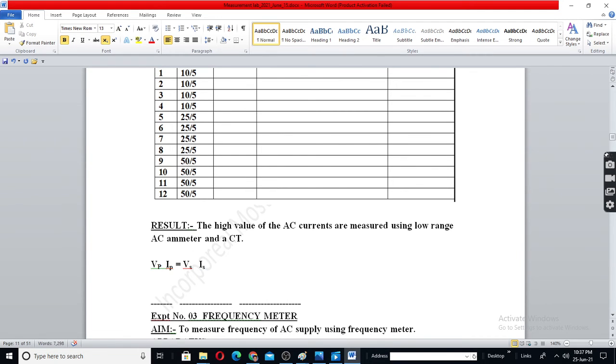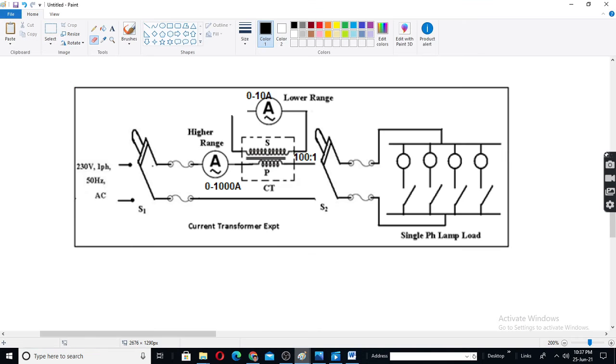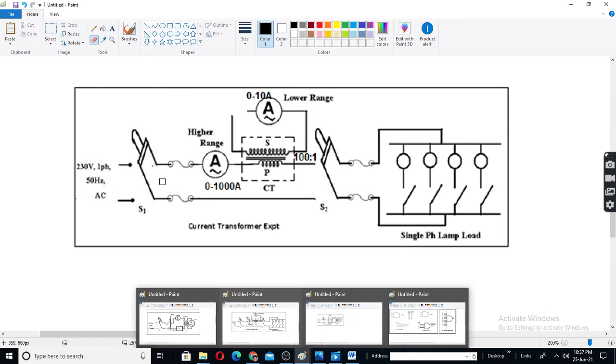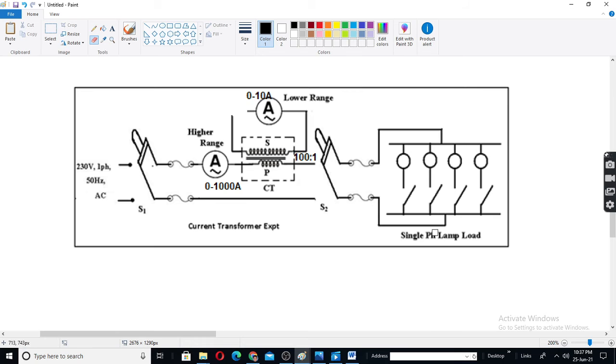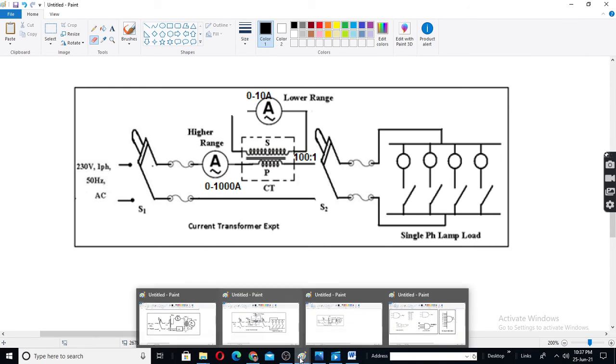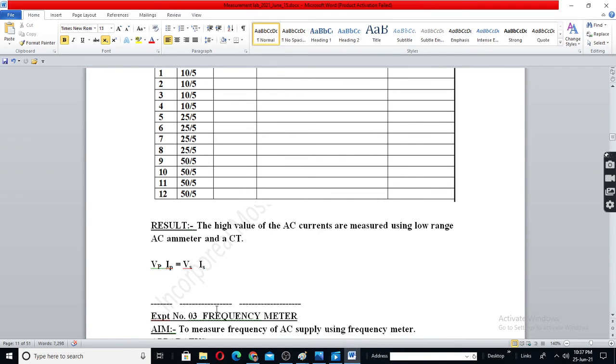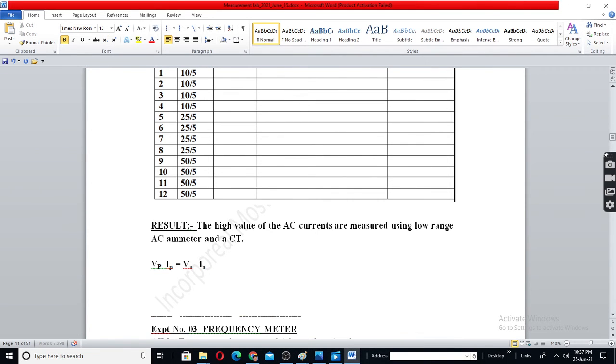Now suppose in the circuit the primary is, say, 230 volts, and the load is some 10 ohms. 230 by 10, 23 amps will flow in the primary circuit. So we can write V is 230 volts, current is 23 amps.